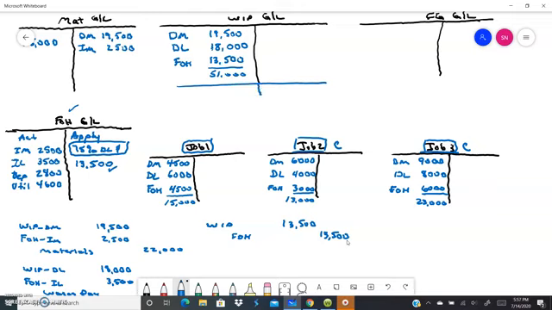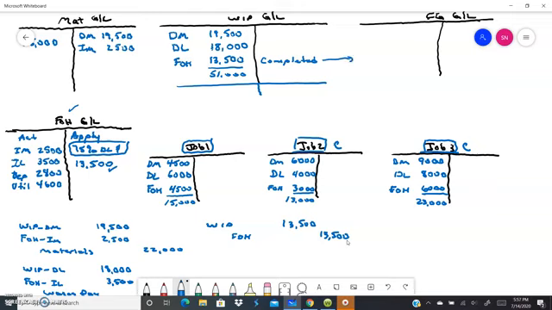Now remember, jobs 2 and 3 are completed. So the completed jobs are the ones that are transferred out. The not completed job, job 1, is the job that still stays in work in process. So the completed jobs would be transferred out here into finished goods.